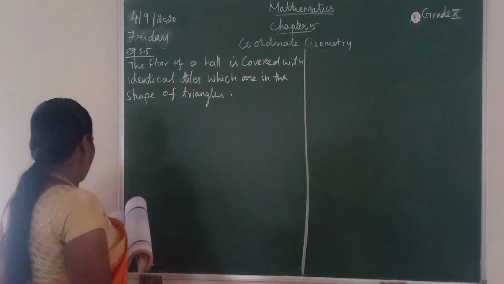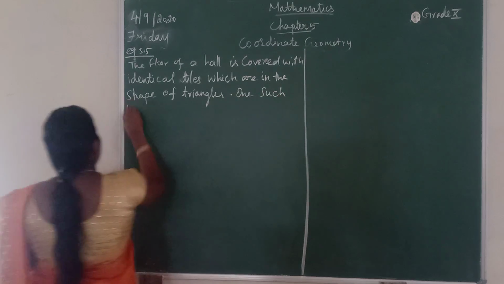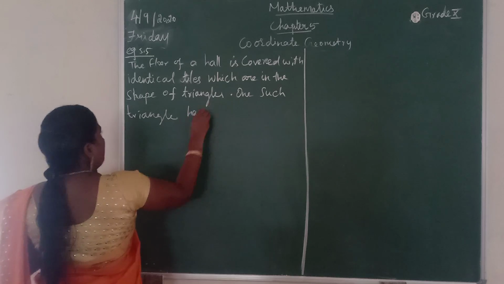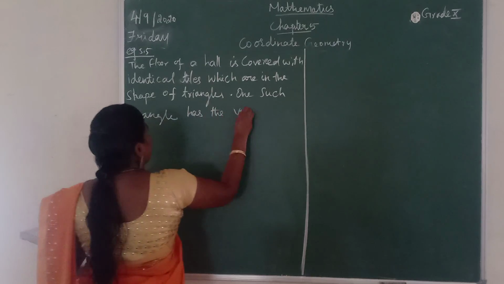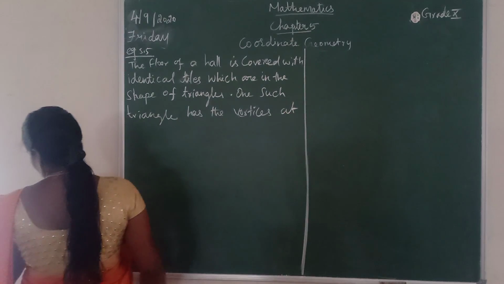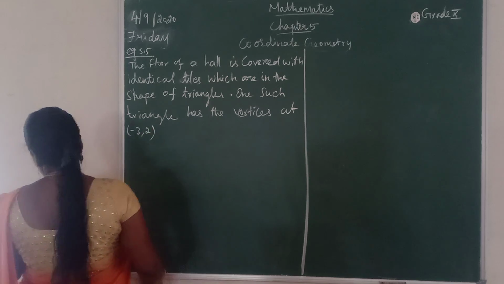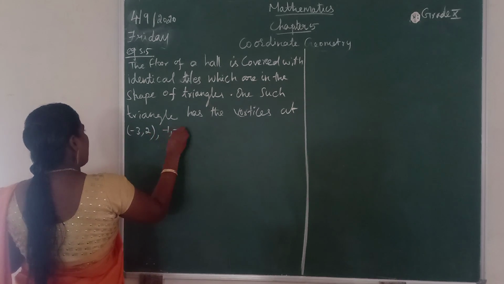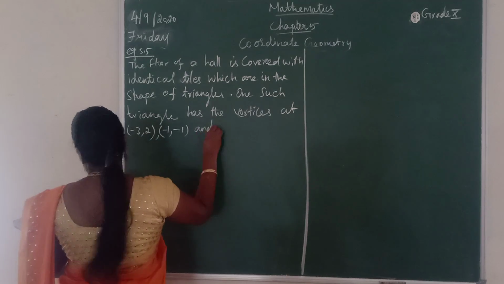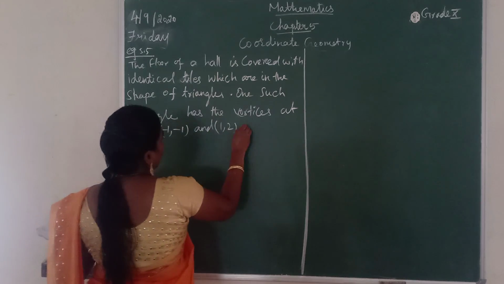One such triangle has the vertices at minus 3, 2; minus 1, minus 1; and 1, 2.